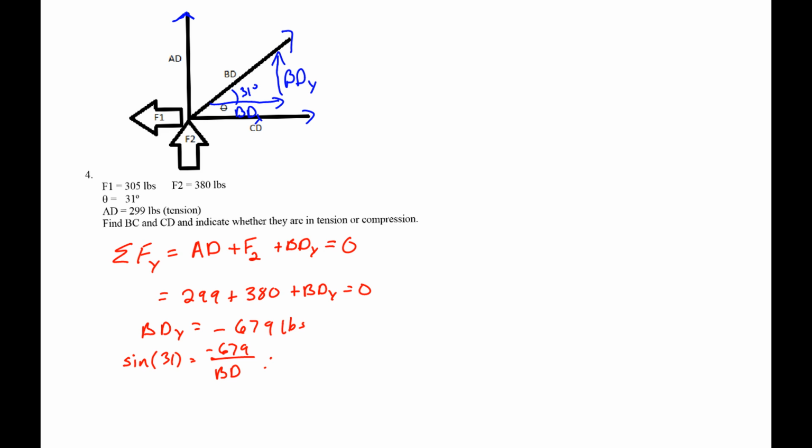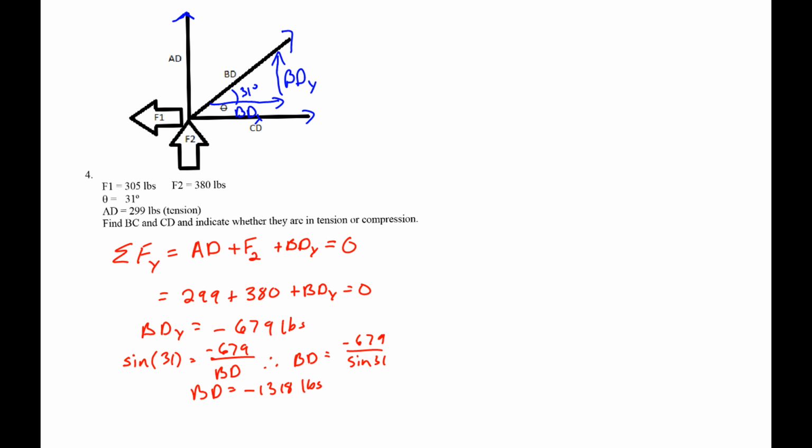So I rearrange that. We get BD equals negative 679 divided by sine 31. And what do we get for BD? Negative 1318 pounds. So what does it mean we need to do?